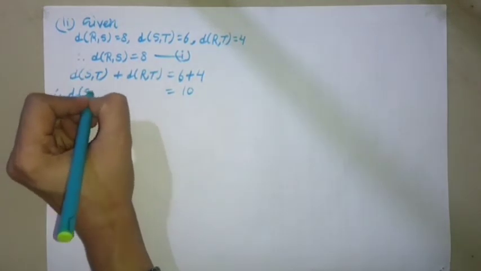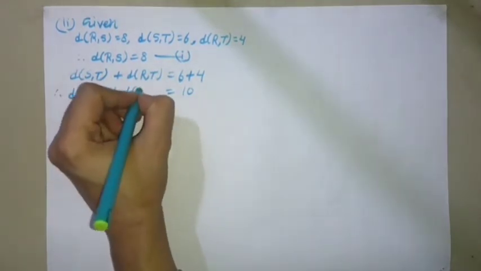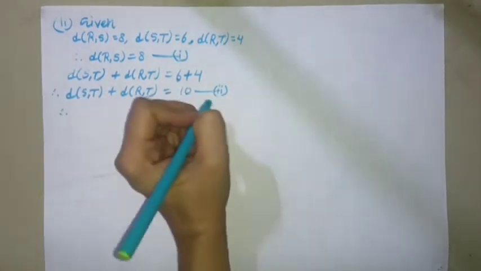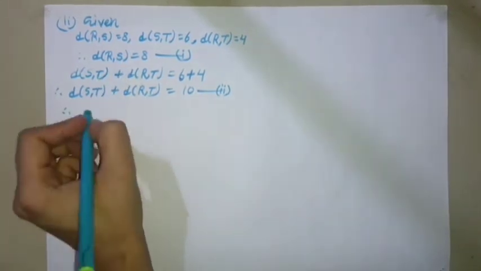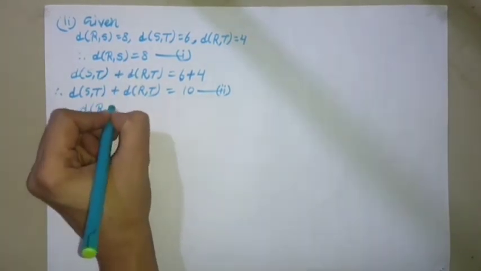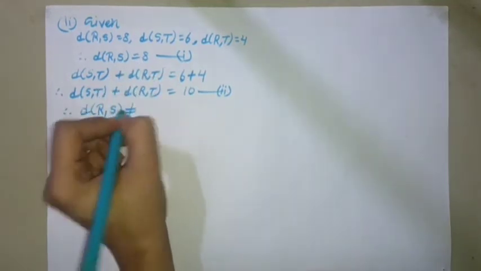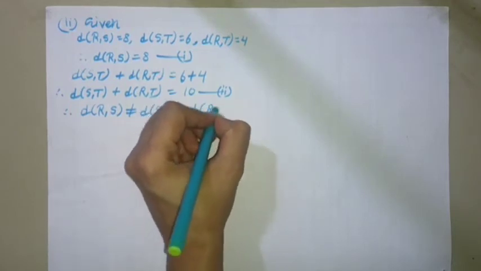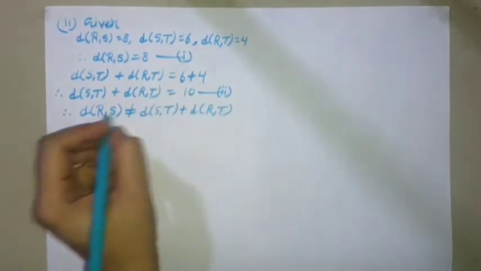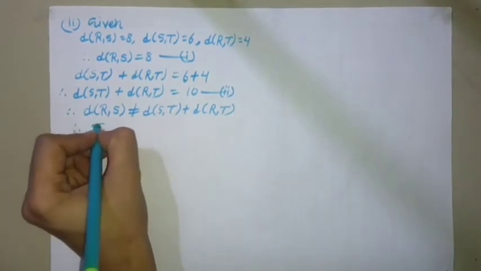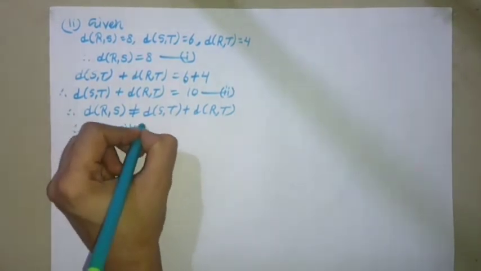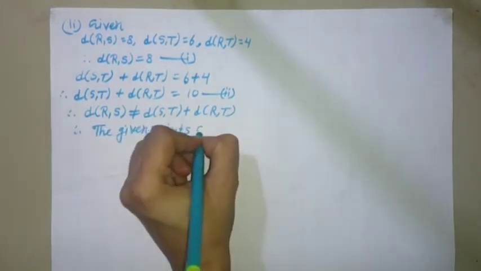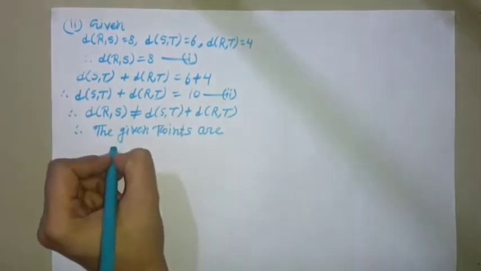Therefore, distance of ST plus distance of RT equal to 10. It is denoted by second equation. From equation first and second, distance of RS is not equal to distance of ST plus distance of RT. Therefore, the given points are not collinear.